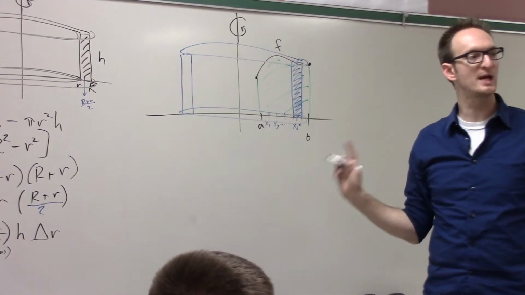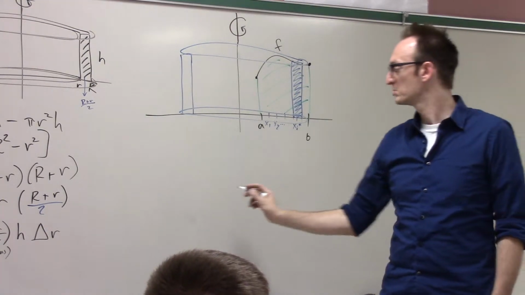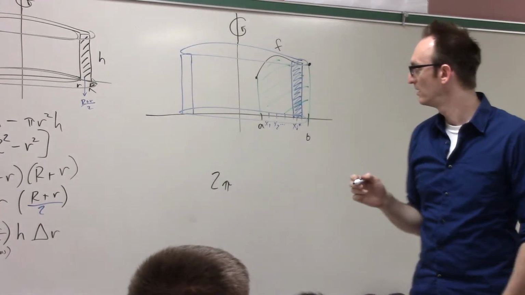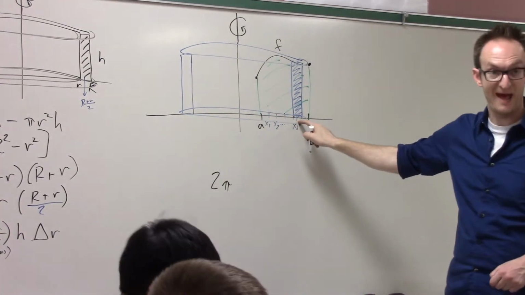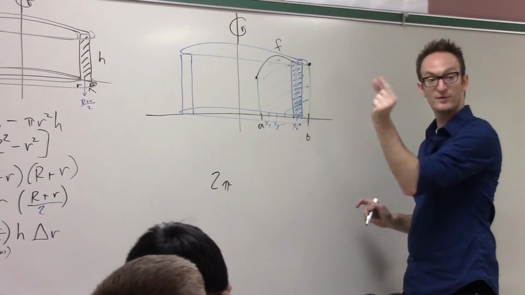The volume of that particular shell, as we just calculated, is 2 pi times the radius of the shell, the average between the inner radius and the outer radius of the represented rectangle.